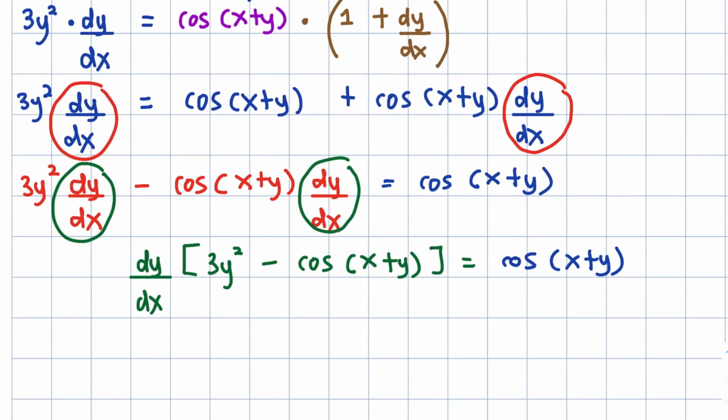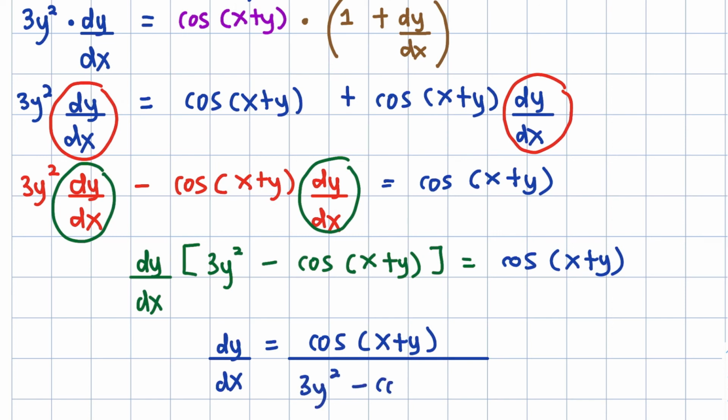You will have dy over dx equal to, because this is a product, if you bring it to the other side, it will give you a division, so cosine of x plus by y over 3y squared minus by cos of x plus by y. Alright, so that settles part B.